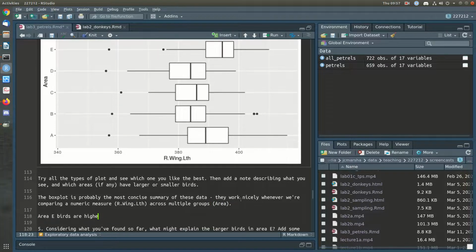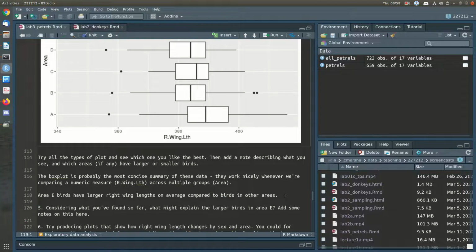The area E birds have larger right wing length compared to birds in other areas, on average.